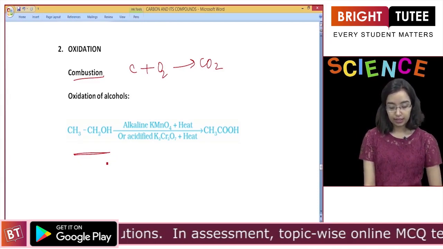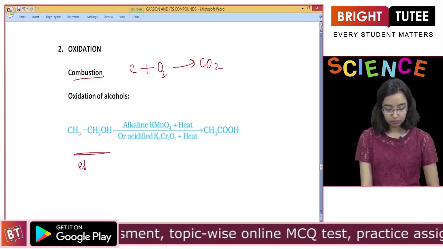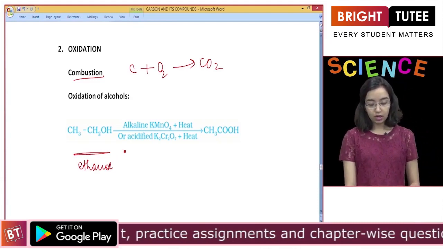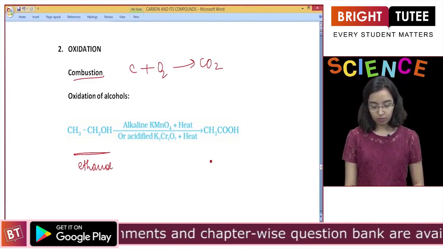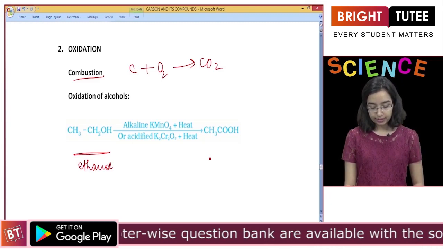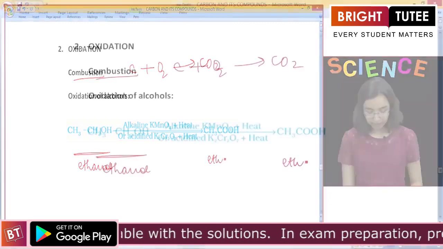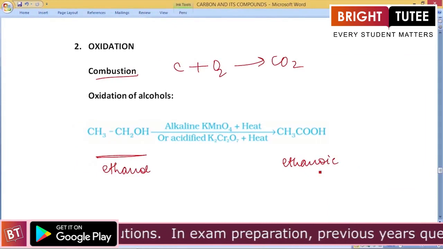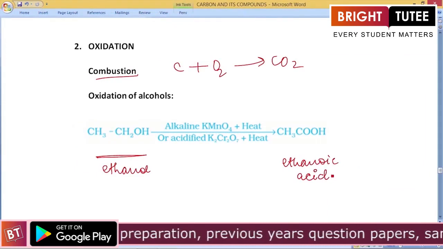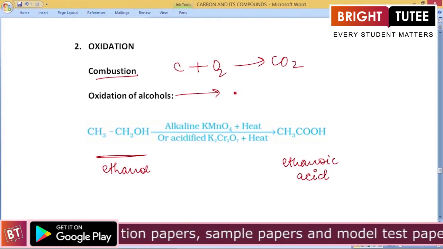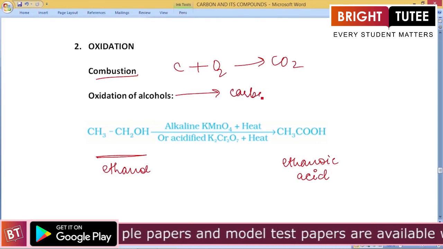So this is ethanol, two carbon atoms. Ethanol gets converted to carboxylic acid, acetic acid. This is called acetic acid in common terms, but it is also scientifically called ethanoic acid. So basically, alcohol gets converted after oxidation to carboxylic acid.